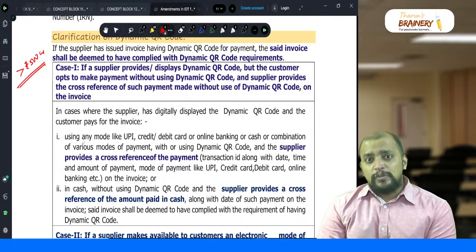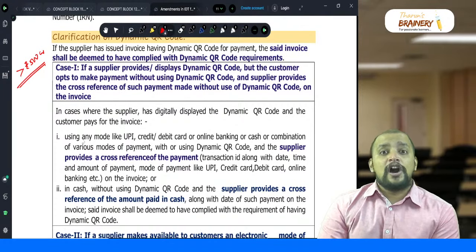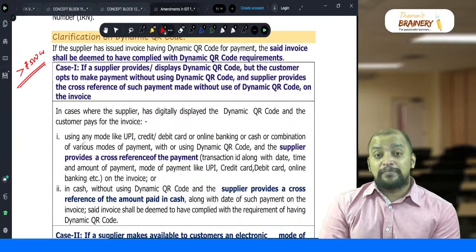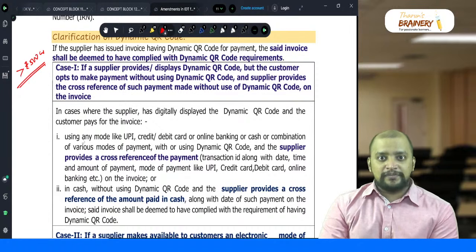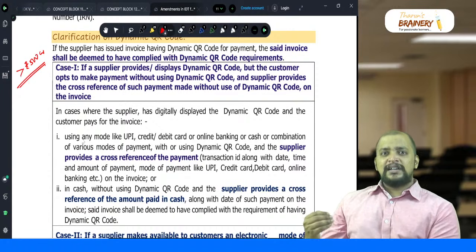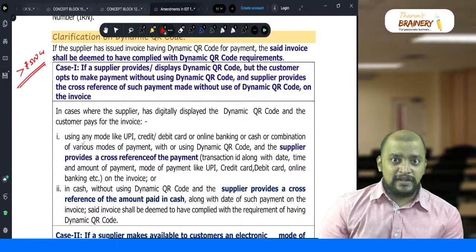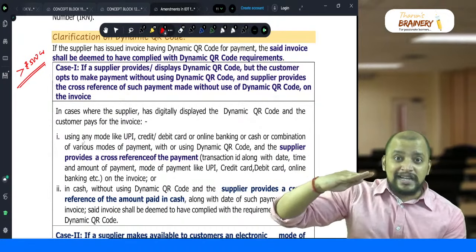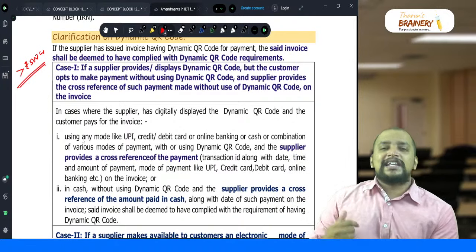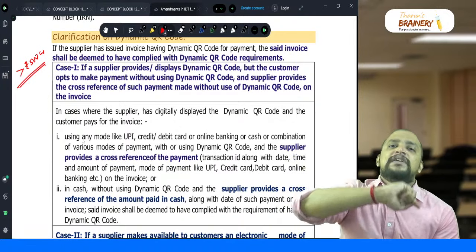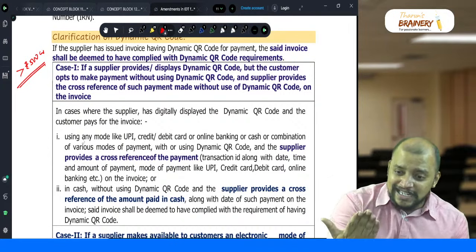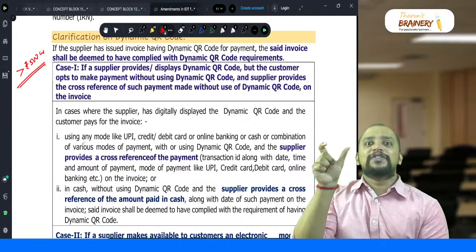Now that mobile phone, when you order under the pay on delivery option, what will happen? He will bring the parcel, and in the parcel itself there will be a sticker. That sticker will have a QR code, and they will ask you to scan this and make the payment. Dynamic QR code.